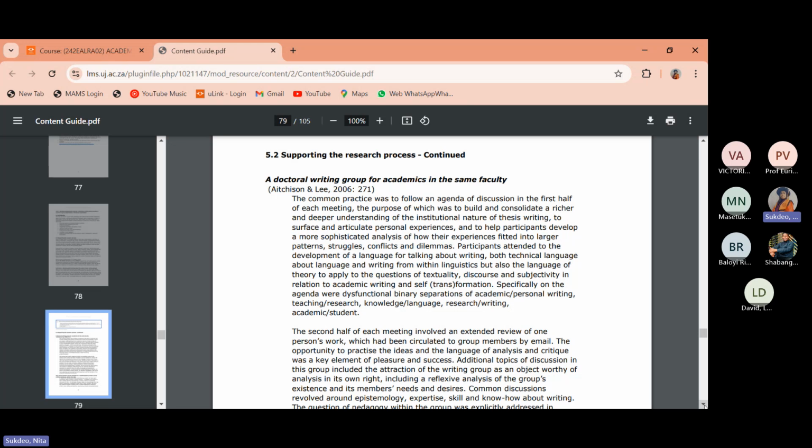That has worked well. So what we do as well is we have specific writing groups, writing sessions, for master's level and for doctoral level. The reason they have the doctoral writing group for academics, and why the faculty sets it up, or a department or the university can also set it up, is because if you want to remain in academia, and those of us sitting here obviously want to remain in academia, that is why you're doing a postgraduate diploma in research supervision.